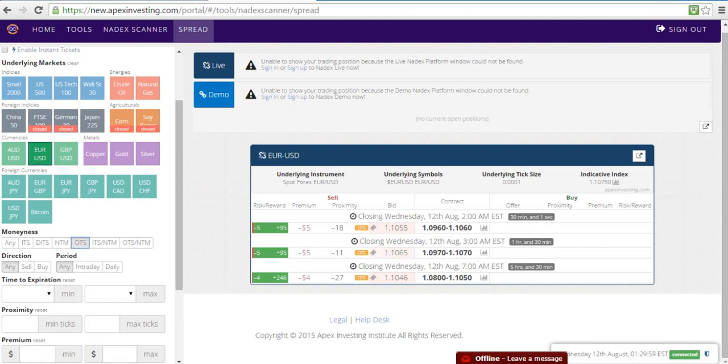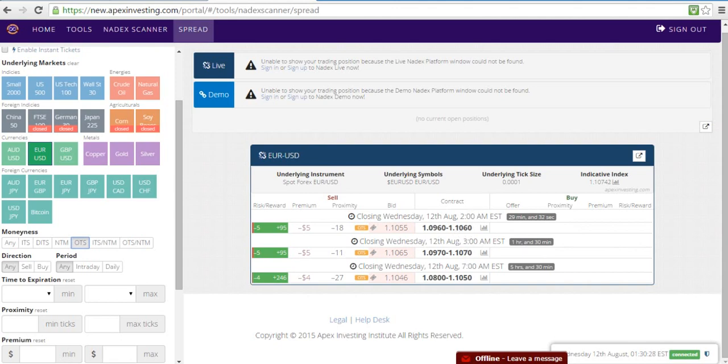Then we have OTS, which is Out of The Spread. Notice again, we click that filter and it filters it down for us. Once again, it's all about the indicative. Basically, this means the indicative is above the ceiling on a sell or below the floor on a buy, kind of the opposite of what we saw earlier. Currently there's nothing on the buy side, but the current indicative would be above the ceiling on a sell.